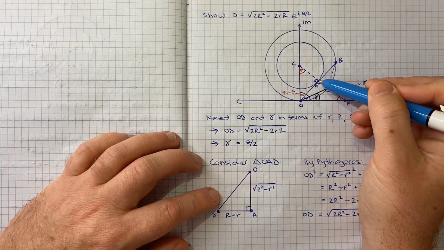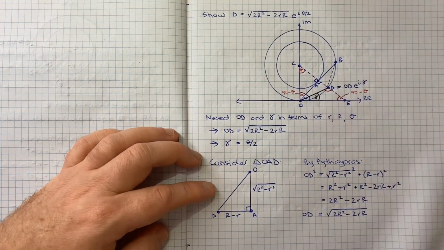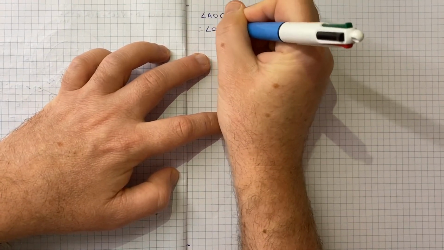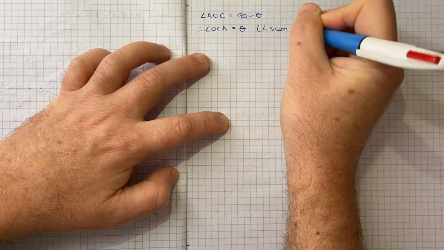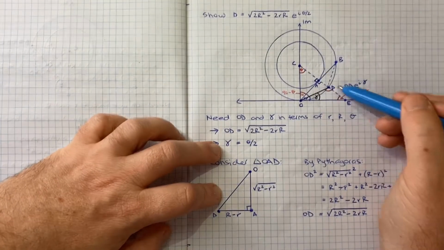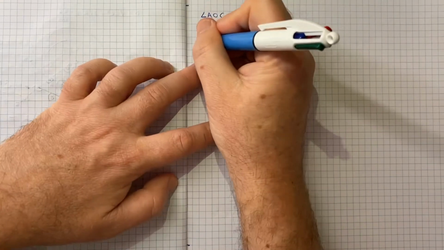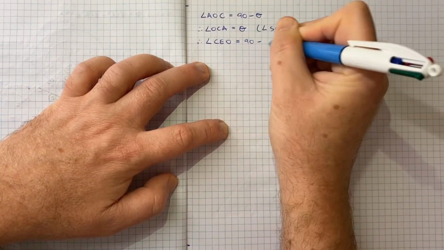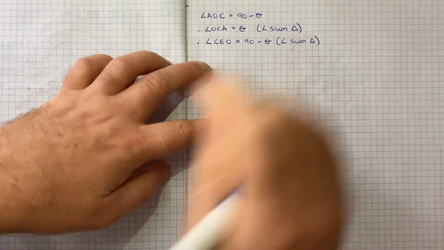And then angle OCA is equal to theta, and that's through the angle sum of a triangle. And therefore angle CEO is equal to 90 minus theta, and that's also the angle sum of a triangle.